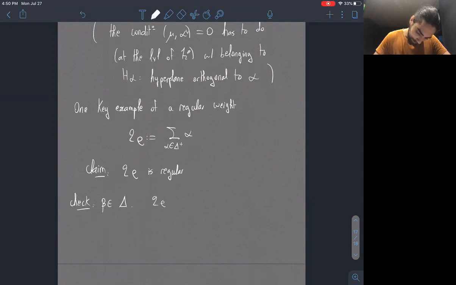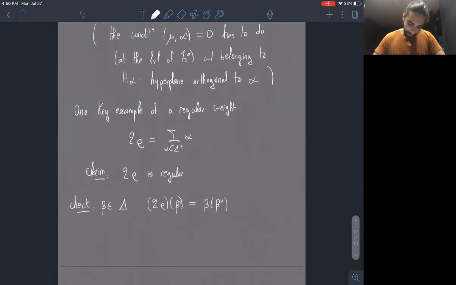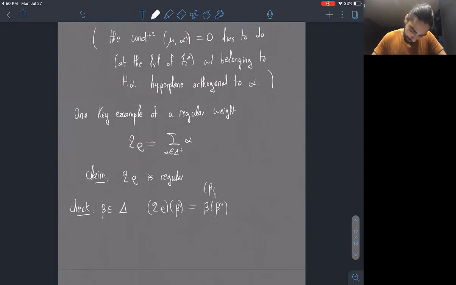If I apply 2-row to it, I first get the root applied to its co-root, where this is shorthand for beta paired with beta dual. And we've seen by construction that this is true.